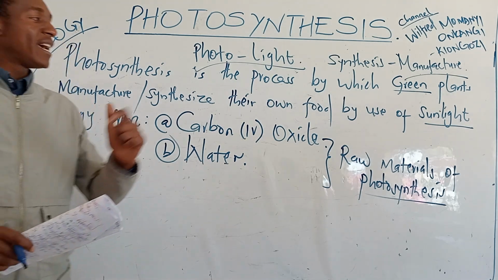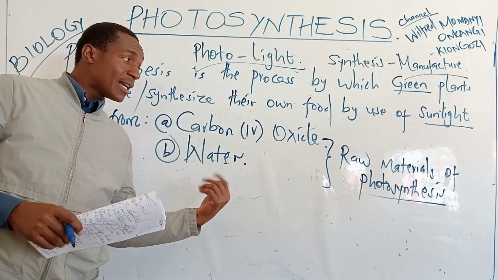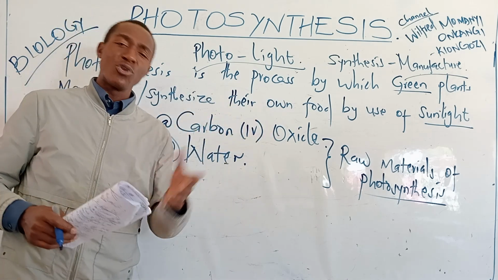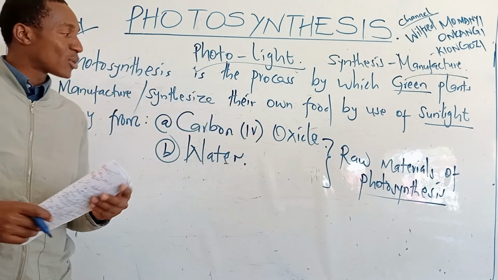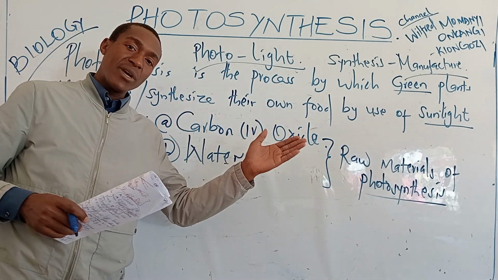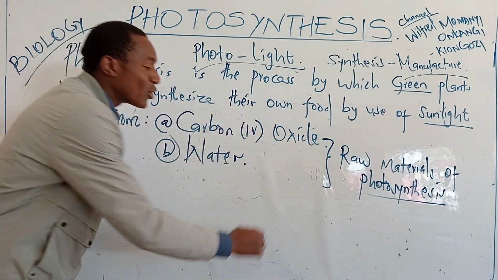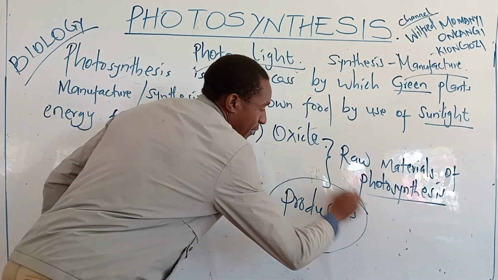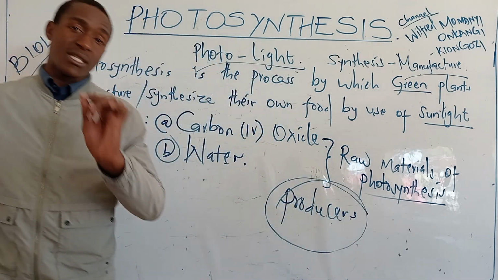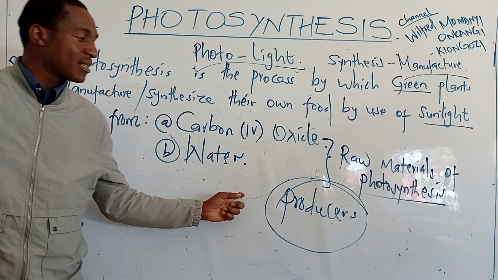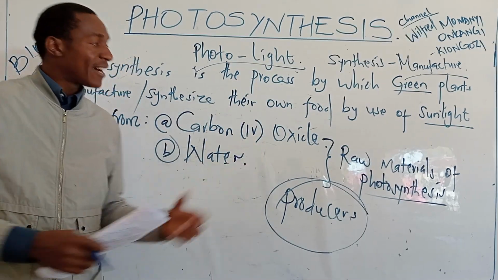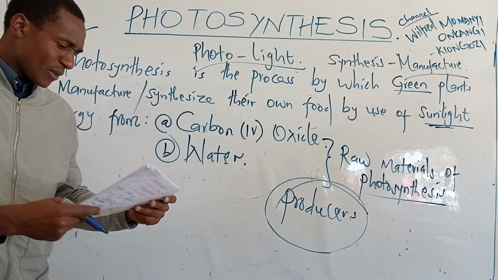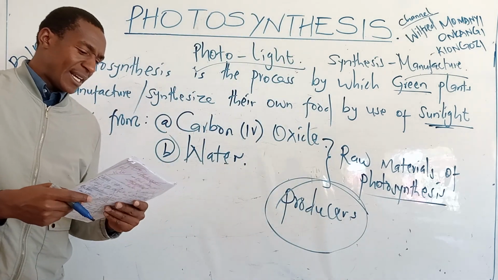This food is going to be used by the same plants and also by other organisms within a given ecosystem. You know very well, plants are sources of food for so many organisms. Plants are producers. This is Form 3. They are producers in any given ecosystem, and they are the first ones that receive energy from the sun. That is where the sunlight energy now comes into play. So raw materials, well done.